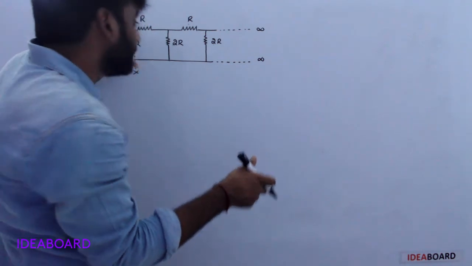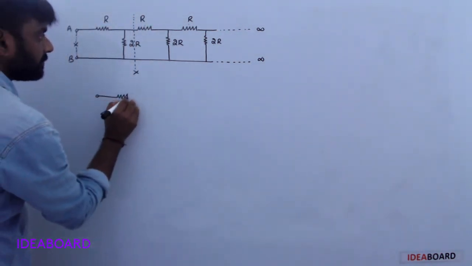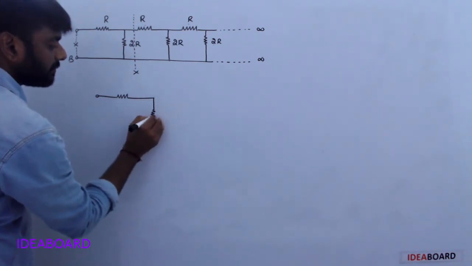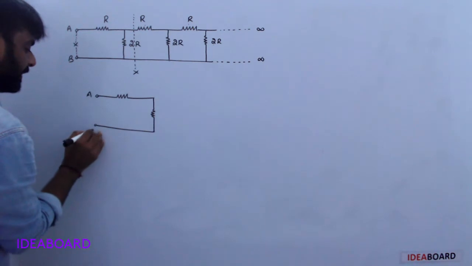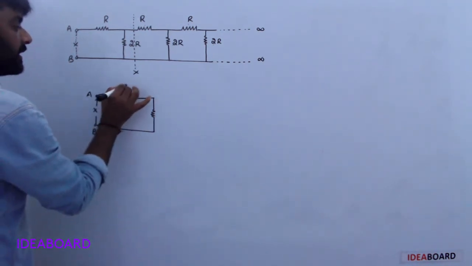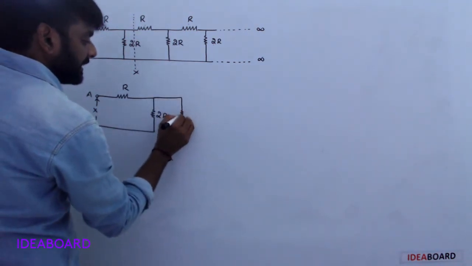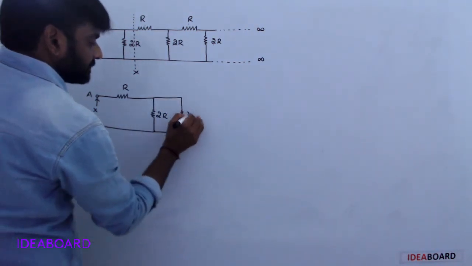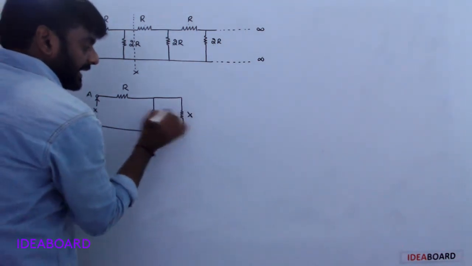Now you are taking this one, it is AB, this one is x, R, 2R, and the resultant is also x.